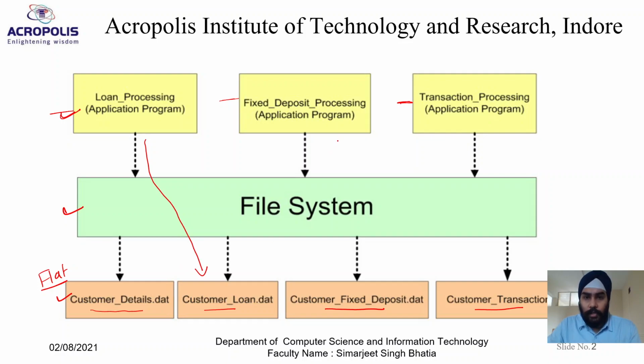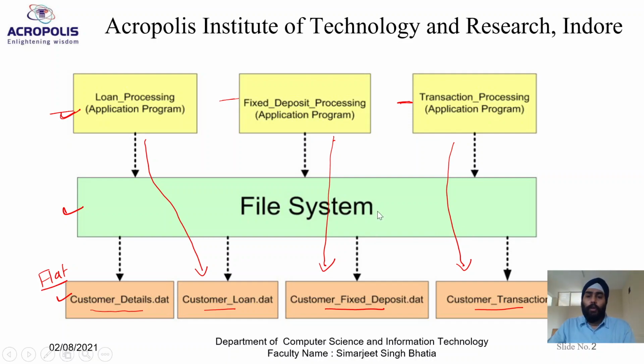The fixed deposit processing application program will be concerned with the details of the customer fixed deposits. The transaction processing program will be concerned with the customer transactions. So these are the various aspects.